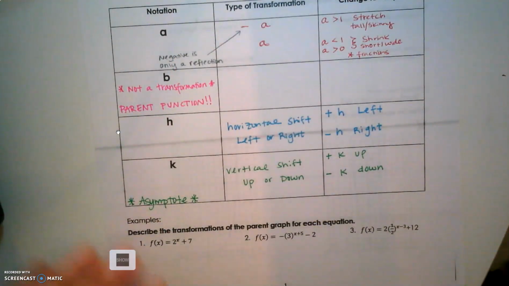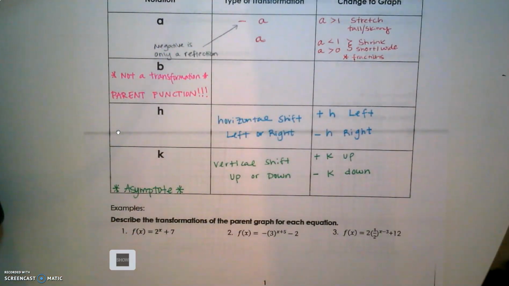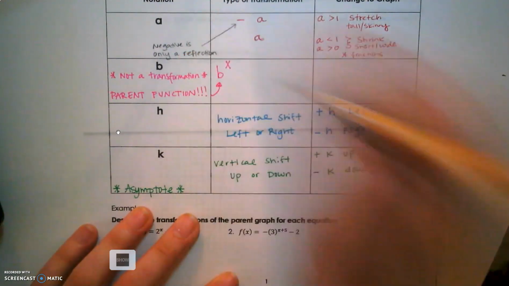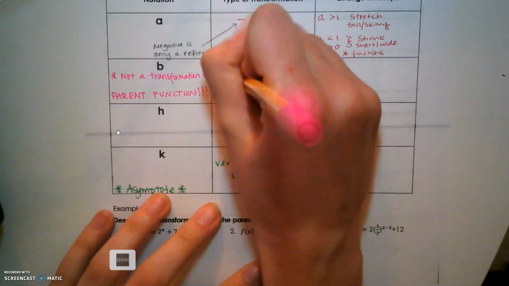We talked about parent functions with quadratics. Well, my parent function changes with every exponential equation. We have to look for that parent function. That parent function is written as b to the x. And that b stands for base.